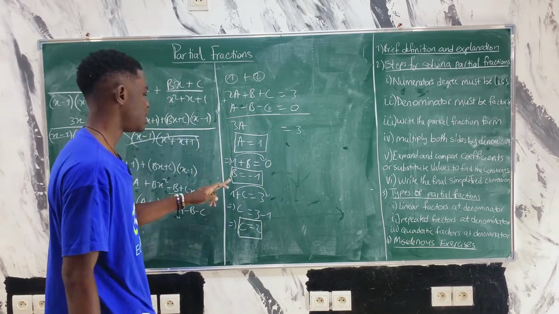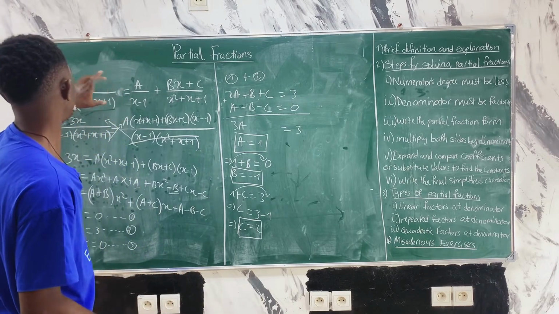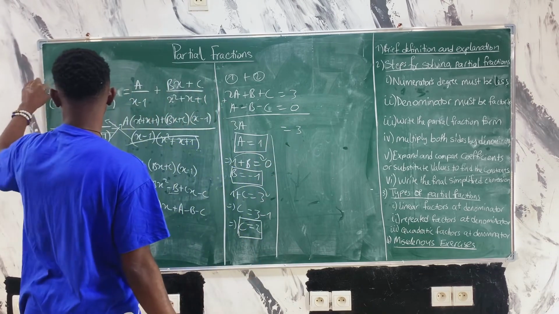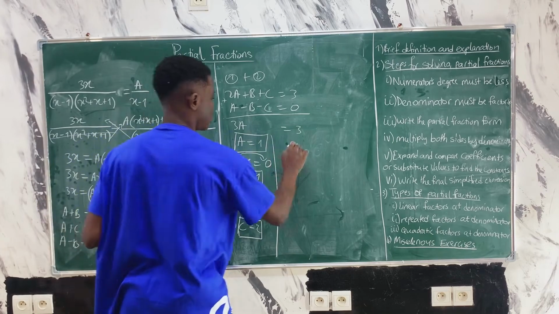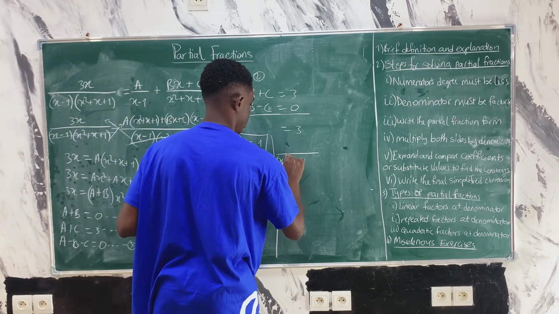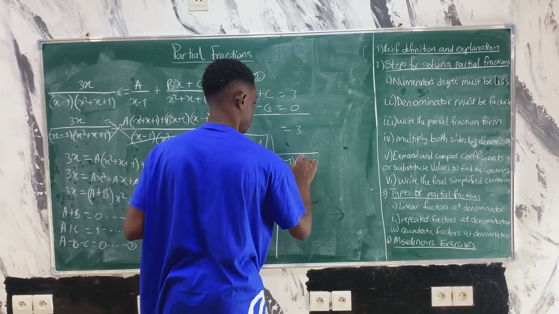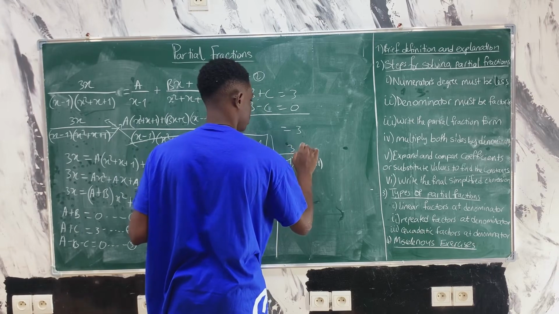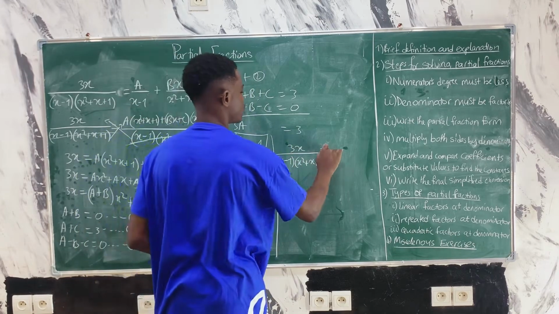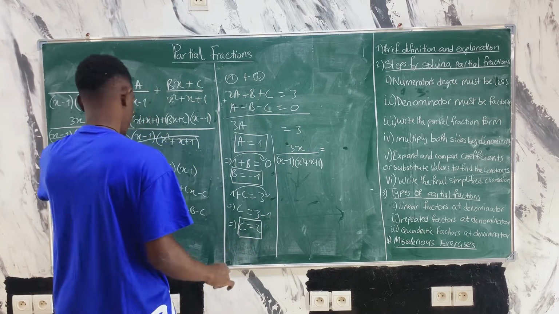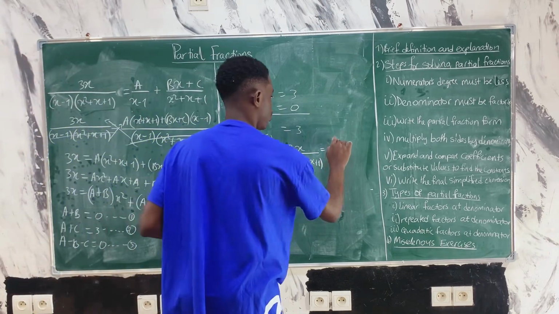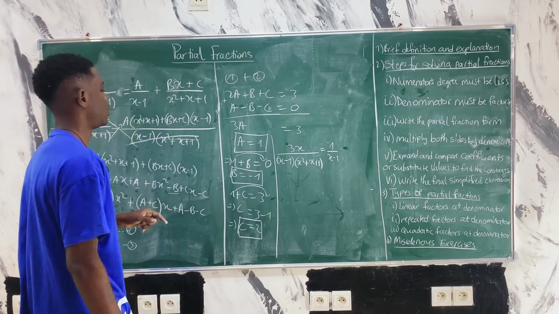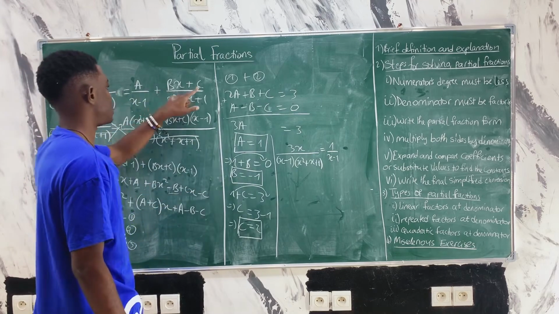So when you have your values of a, b, and c like this, what you do next is you recopy this and write the answer. So I'll just write it here. I'll write 3x on x minus 1 times x squared plus x plus 1 is equal to a on x minus 1, where my a is 1, plus bx plus c.